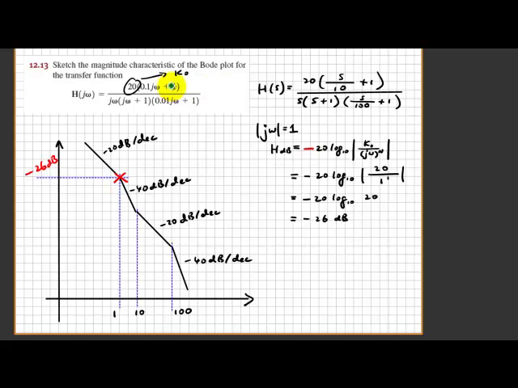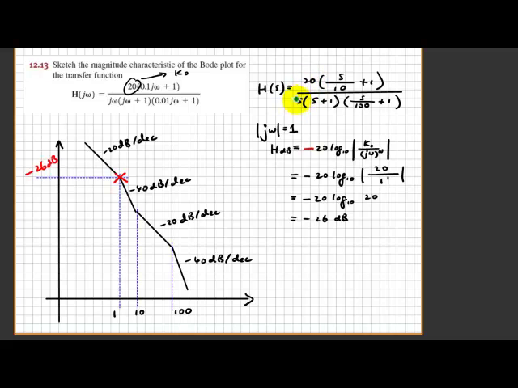So I reorganized this a little bit and wrote the function as 20 with s divided by 10 plus 1, divided by s plus 1 times s divided by 100 plus 1. Bear in mind that you actually have the term s only, and whether it is in the numerator or denominator is always tricky.